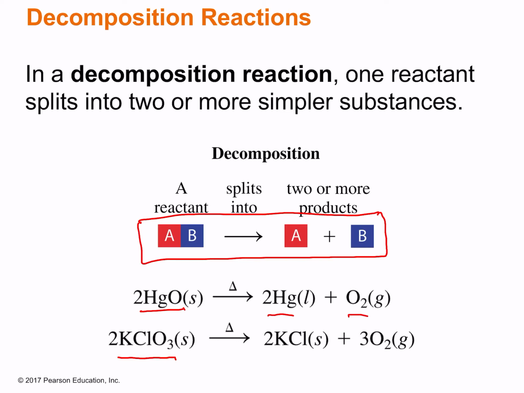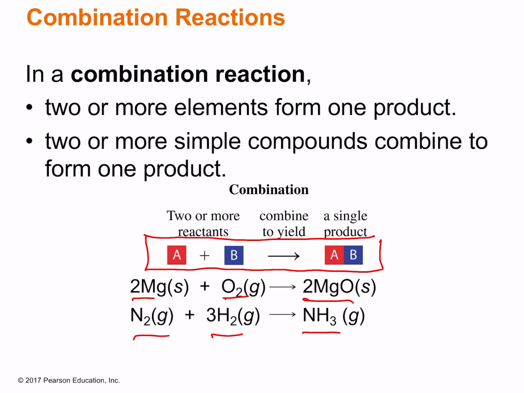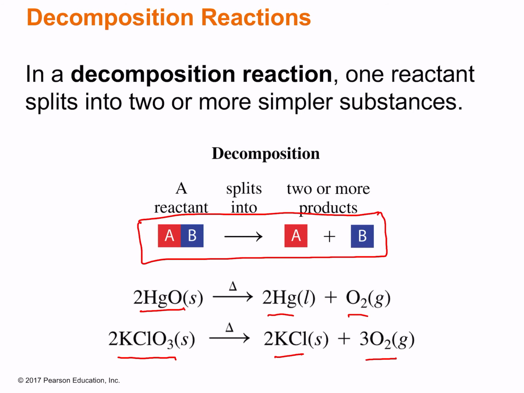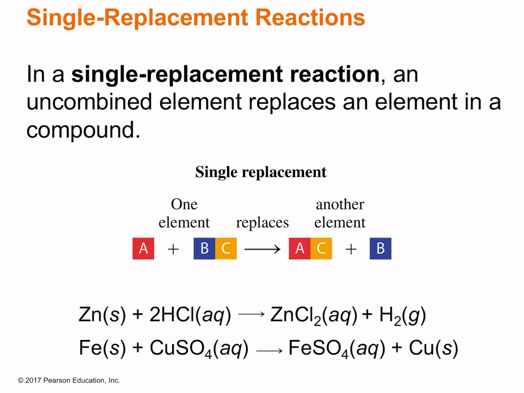This one, potassium chlorate, makes potassium chloride and oxygen gas. So something is breaking apart, and that is how you'll recognize decomposition. These are opposites: combination, 2 things combine together and make one thing; decomposition is one thing breaking apart into 2 or more things.